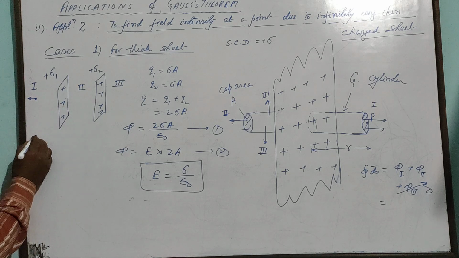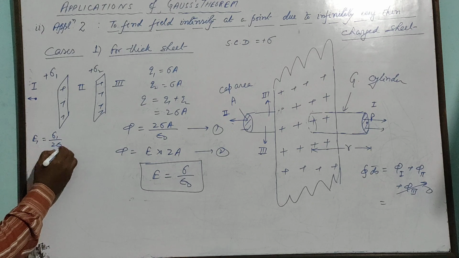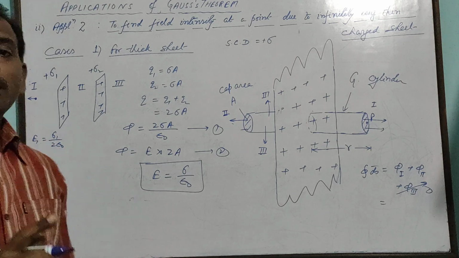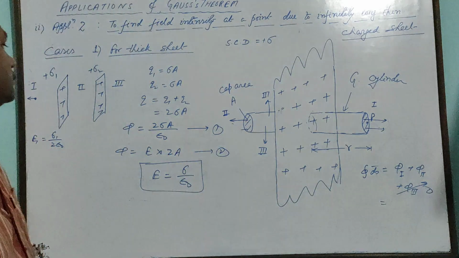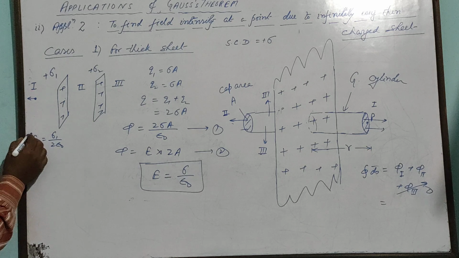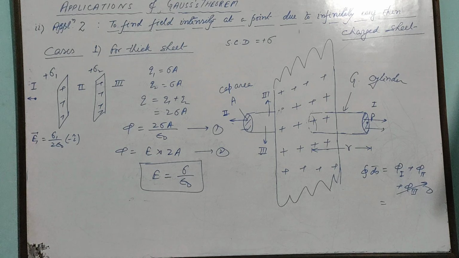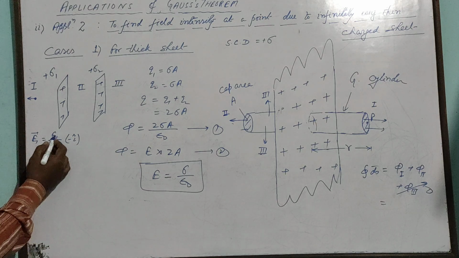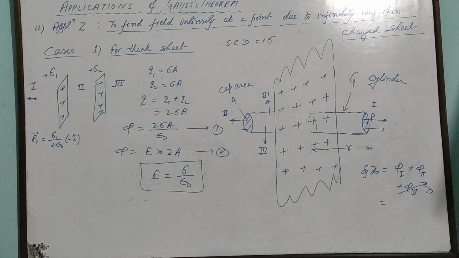Due to this, field intensity here will be sigma 1 by 2 epsilon naught without caring about whatever the distance of the point may be. So here field intensity is E1 and its direction is minus i cap, radially outward on the left side. So its magnitude is sigma 1 by 2 epsilon naught, direction is minus i cap.